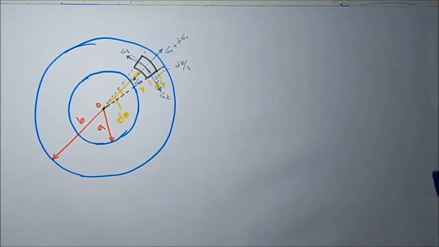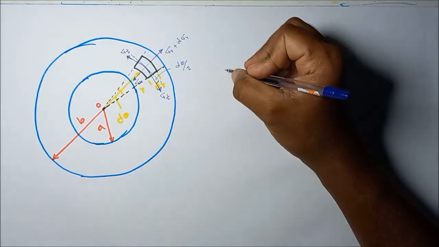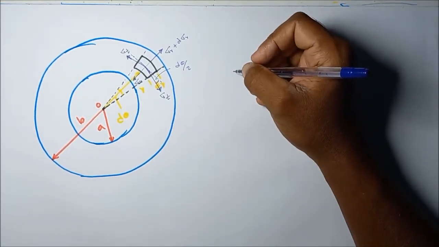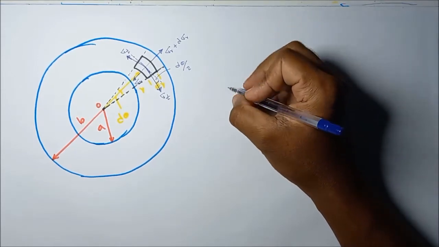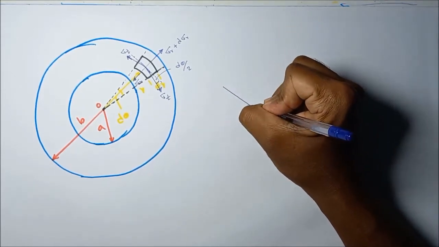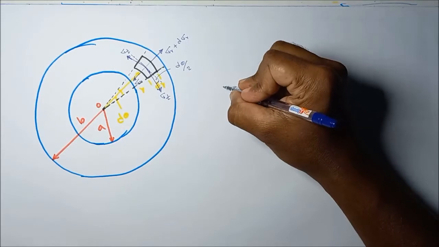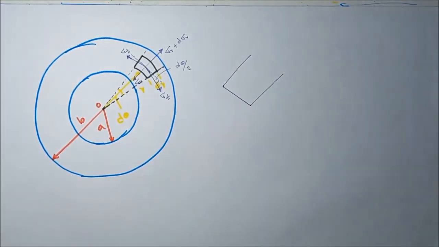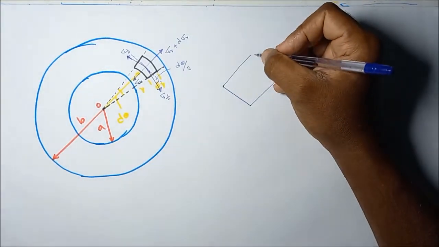Okay, so then I will draw this stress element separately here. I will draw the three-dimensional view of this stress element. Then I am going to consider a unit thickness normal to this paper.